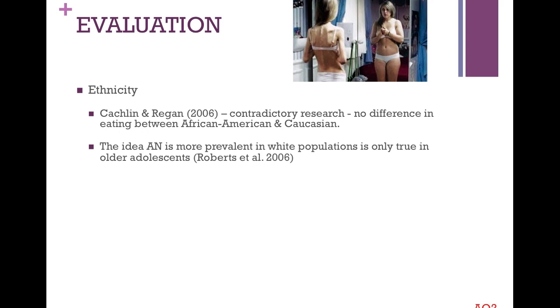And actually, Roberts et al. found that there was some difference in white populations, but that only seemed to be true in older adolescents, and I don't think we quite understand yet why you find an ethnic difference in older samples but not in the younger samples. So those studies go against the idea of ethnicity. They're contradictions to the idea that ethnicity is a cause of anorexia.